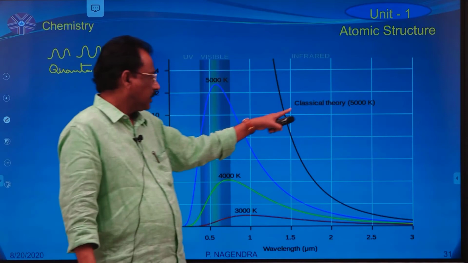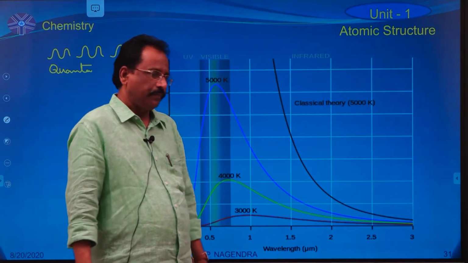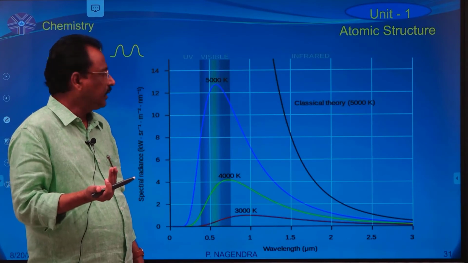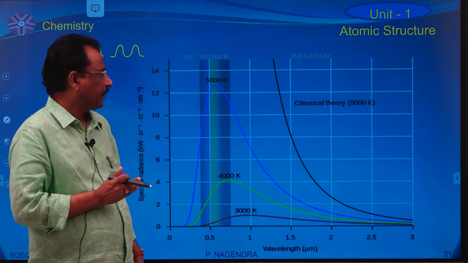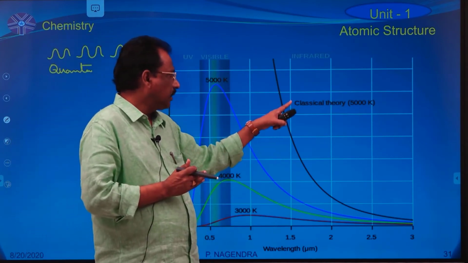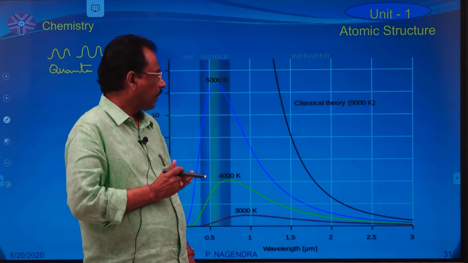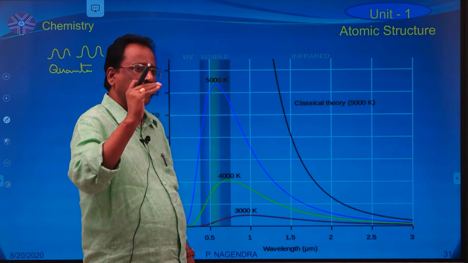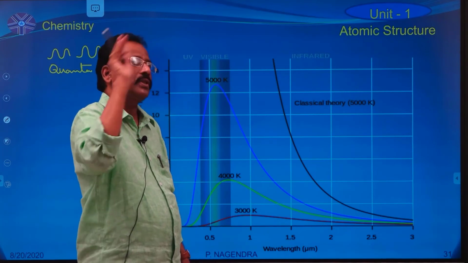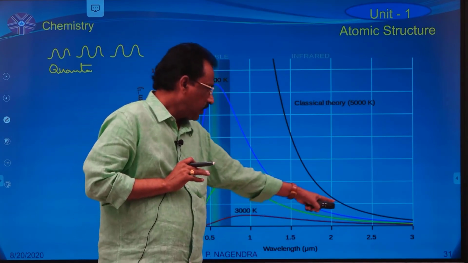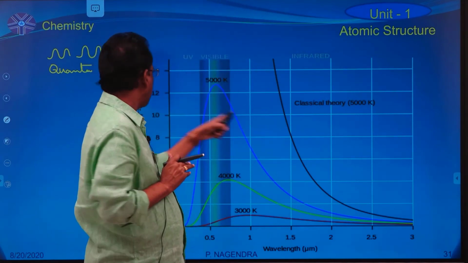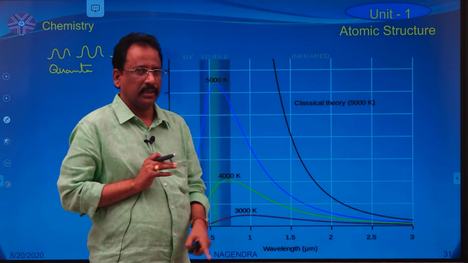And this is the classical theory graph. The difference between classical theory and quantum theory is that, according to the classical theory of radiation, a body can emit or absorb radiation continuously. That's why the shape of the graph is like this, parallel to the y-axis.